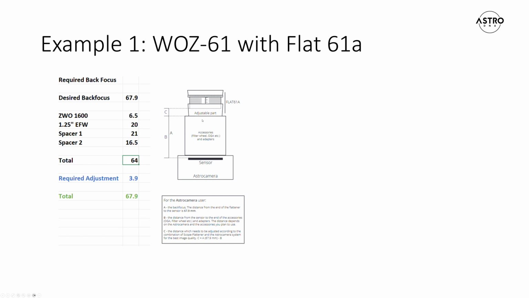But this particular flattener has an adjustable section. This is just a set of threads that allow me to push the optics assembly out or draw it in. Drawn completely in, I would have to make up the distance with another spacer, or in this case, I can draw it out by a total of 3.9 millimeters, and that achieves my total required back focus of 67.9.